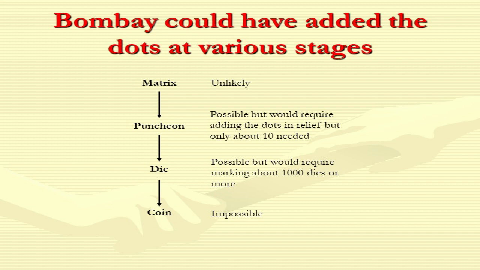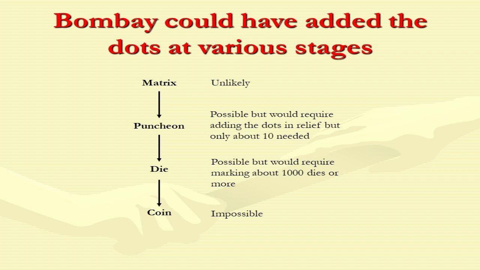So when would they have added these dots to get them onto the coins? Well, they wouldn't have added them to the matrix die. They could have added them to the puncheon, but you'd have to then add the dots in relief, and I don't really know how you would do that. I mean, perhaps you can, I'm not an expert, but it seems to me that would be very difficult.